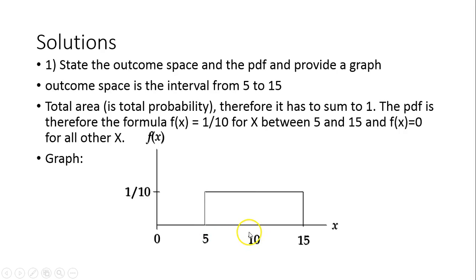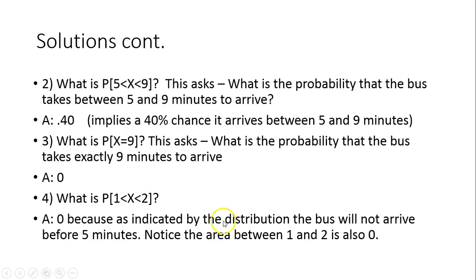The base is 4 units long, 9 minus 5. So 4 times 1/10 is 0.4. In this case, there is a 40% chance of arrival between 5 and 9 minutes, assuming that it's a continuous random variable.